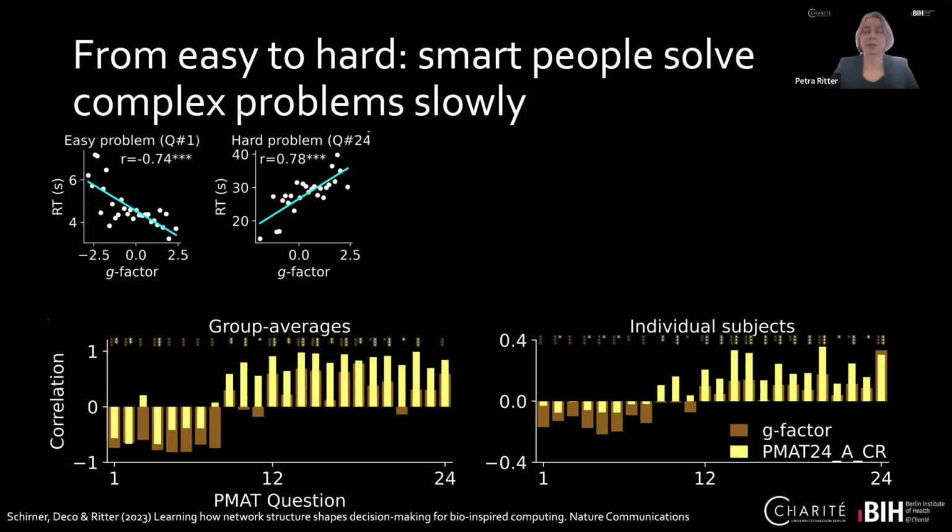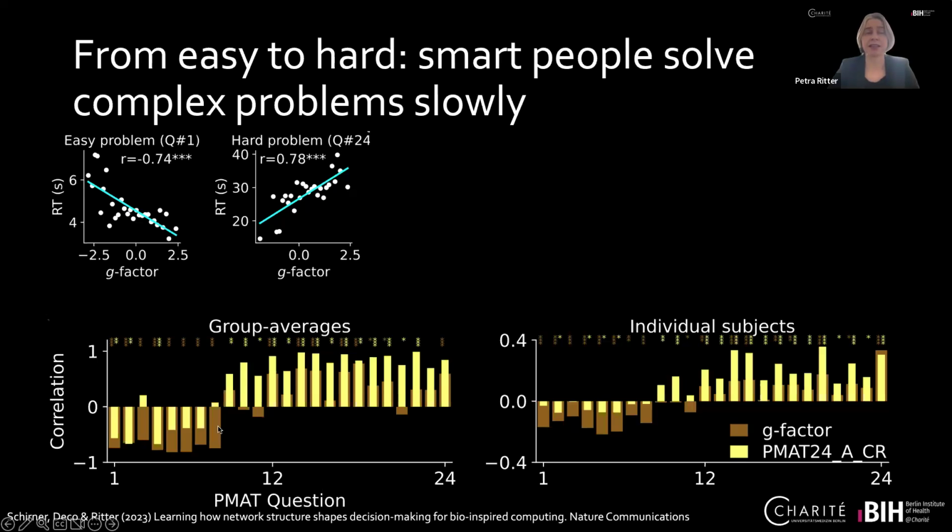So it's a correlation between the reaction time and either general factor of intelligence or fluid intelligence. And the x-axis shows the 24 tasks. We see that for the first 8 tasks, which are more simple ones, there's a negative correlation, indicating with higher fluid intelligence or general factor of intelligence, there are faster reactions.